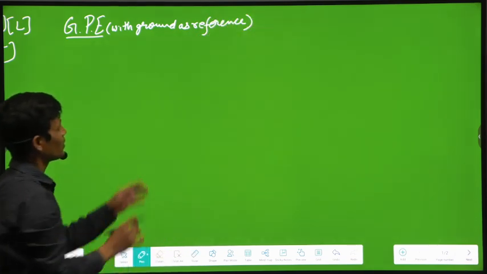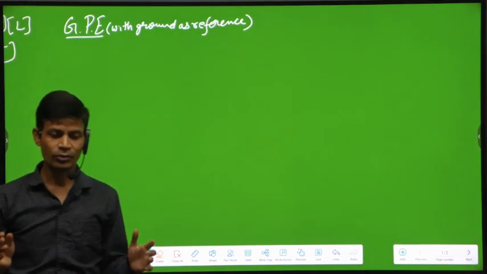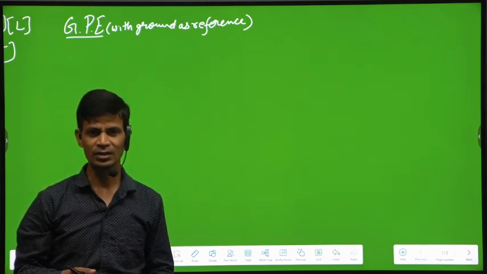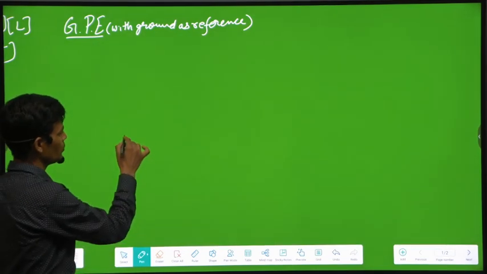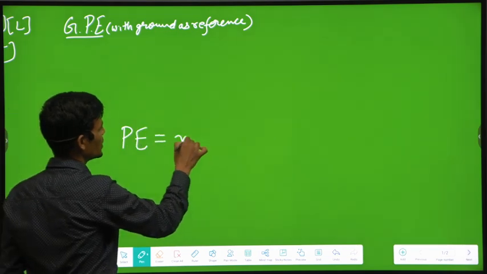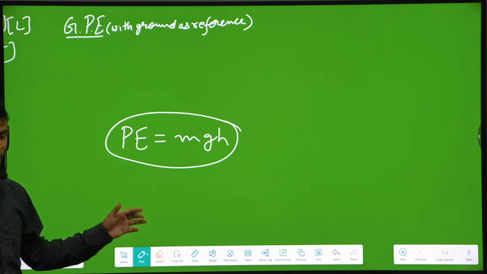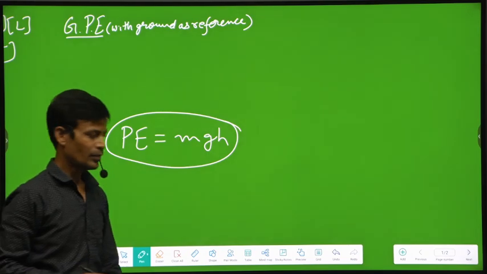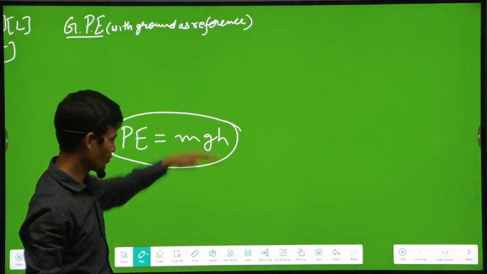Again, why I have used this phrase here, we are going to understand in upcoming chapters. But remember, in class 9th, you have studied this. Gravitational potential energy is mgh, but this is half of the story. You will find another formula for potential energy also, but this is just if we take ground as a reference.